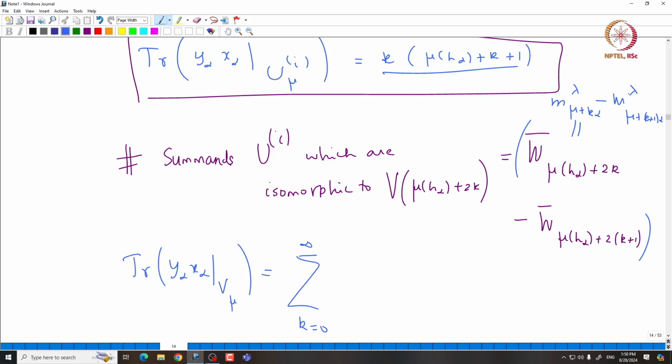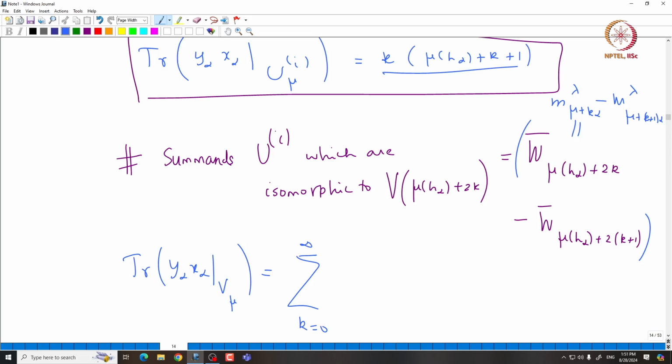Because that is exactly the multiplicity of mu of h alpha plus 2k. Because W bar is nothing but the direct sum of the weight spaces corresponding to mu plus i alpha. When you evaluate on h alpha, it gives you mu of h alpha plus 2i. For various i, they will all be distinct. So, the multiplicity of mu of h alpha plus 2k will be the multiplicity of mu plus k alpha inside V lambda, which is the dimension of V mu plus k alpha.